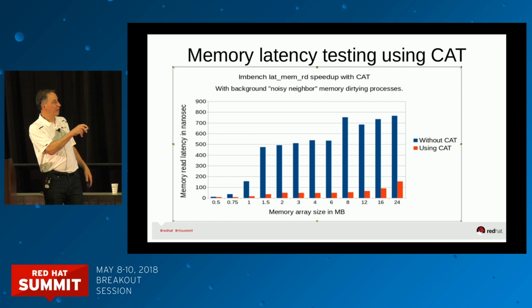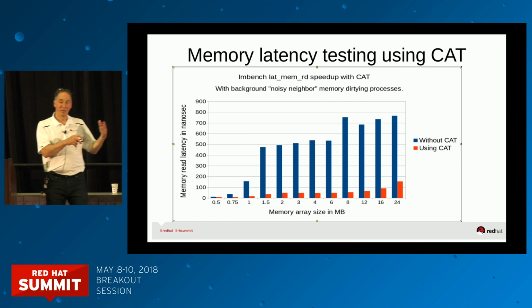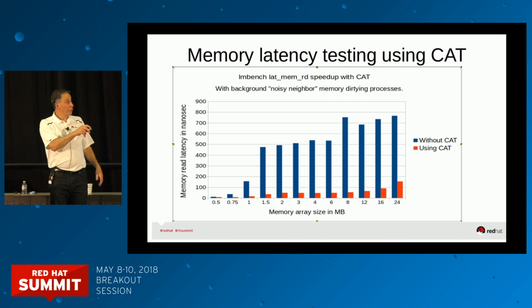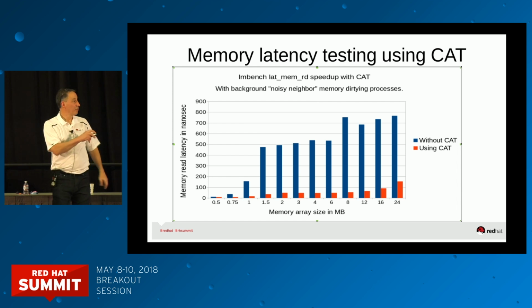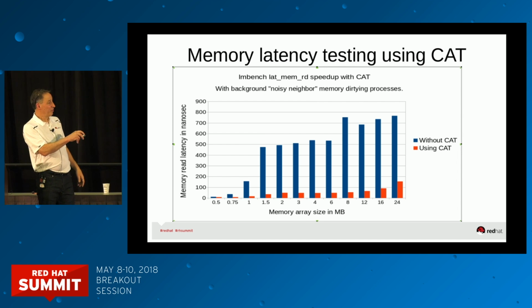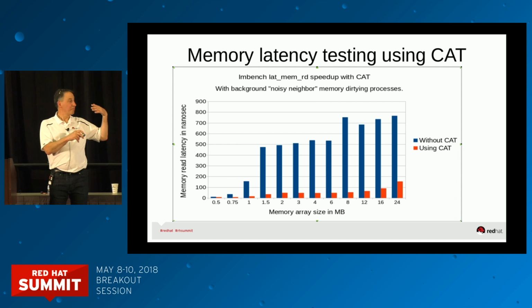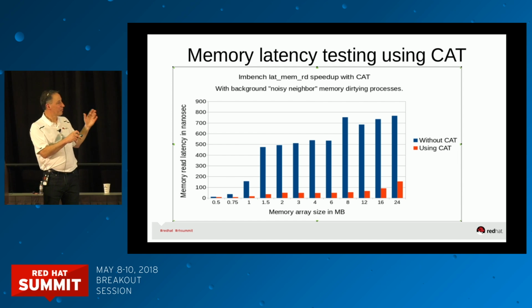Without CAT, you can see how high the latency went as I increased the megabytes, the data size I was trying to read. And with CAT, when I took that noisy neighbor pig program that was dirty and moved it aside and said, you only get a tiny bit of the last level cache, you can see the latency of the memory references plummeted. So the performance improved significantly.